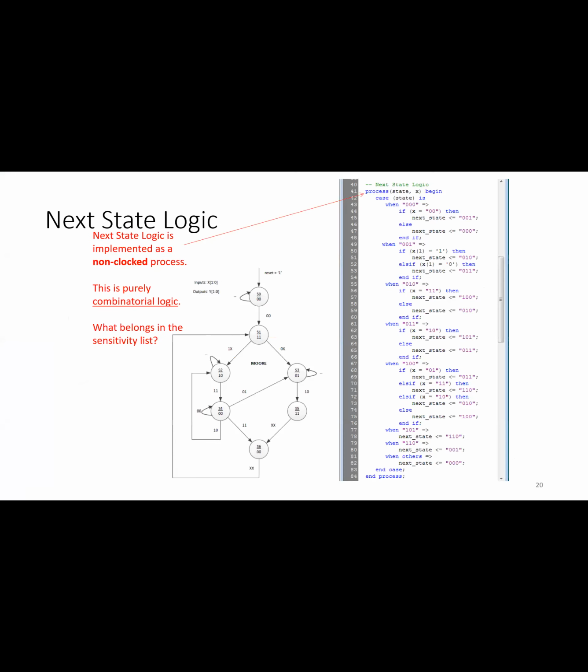Exactly. If it depends on the input, that means it's a Mealy machine. This is called Moore. I am not stating that Mealy depends. I am saying here we are speaking about Moore machine and moving from one state to the other. It depends on X and the current state. This is my current state S1.